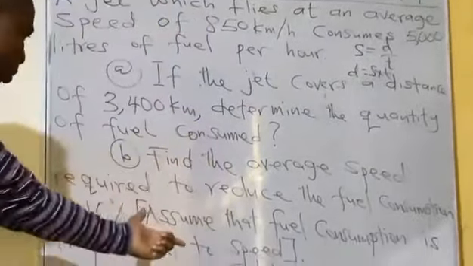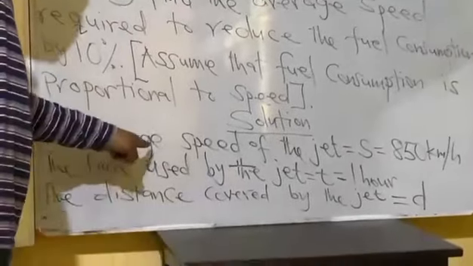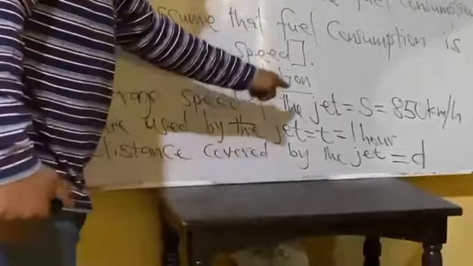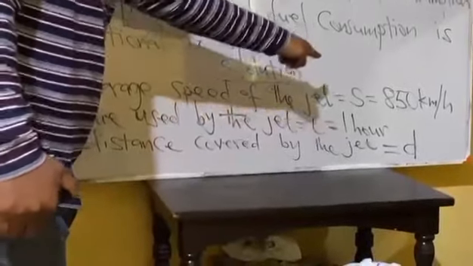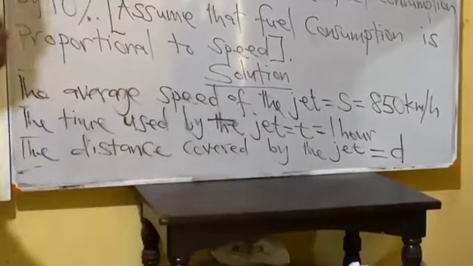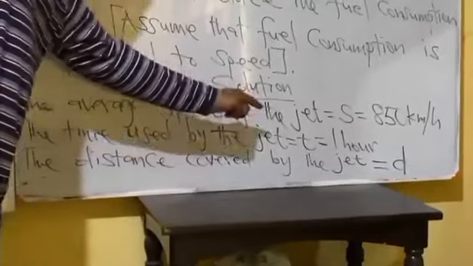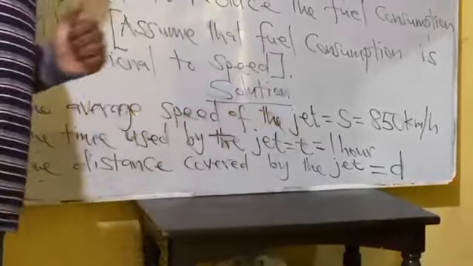So you write solution, and then the average speed of the jet is S equal to 850 kilometers per hour. The time used by the jet is T equal to 1 hour.